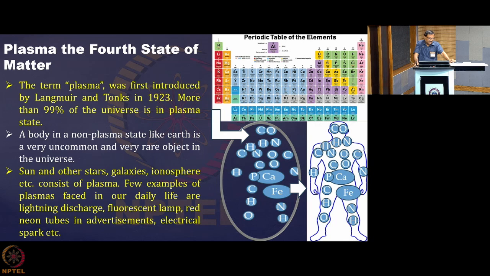If I say an iron atom is alive, or a carbon atom is alive, or hydrogen or nitrogen, you would not agree. That is what I have shown in the bottom circle: some atoms like carbon, oxygen, hydrogen, nitrogen, calcium, iron are just scattered in some way.